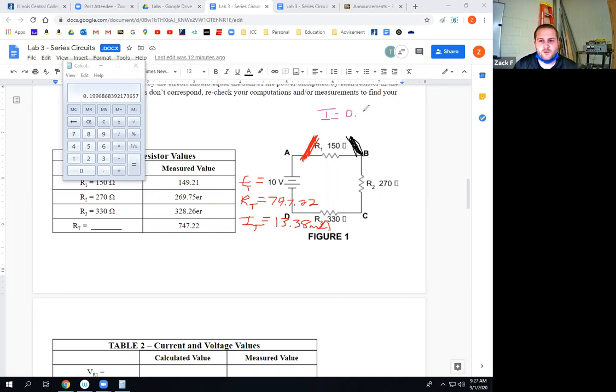So I'm going to put it as 0.01338 amps. My resistance value at R1 is 149.21 ohms. So what's my voltage there? E equals I times R.